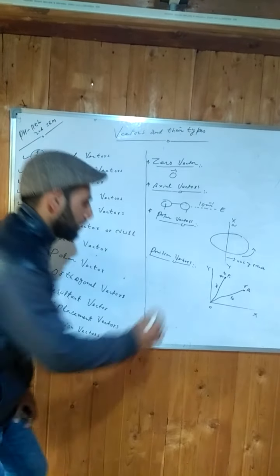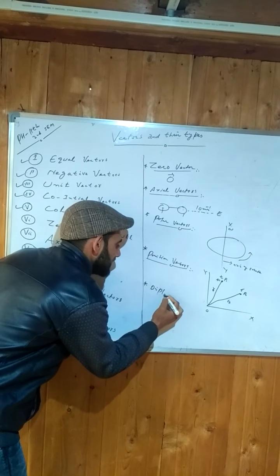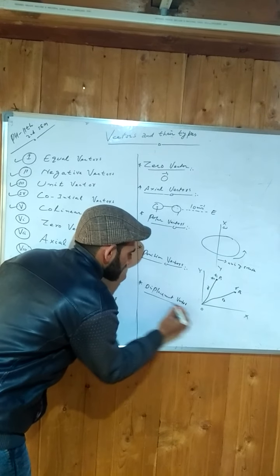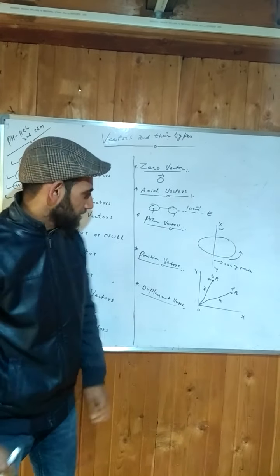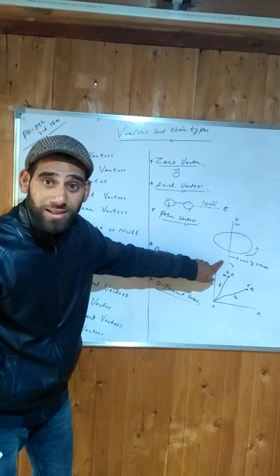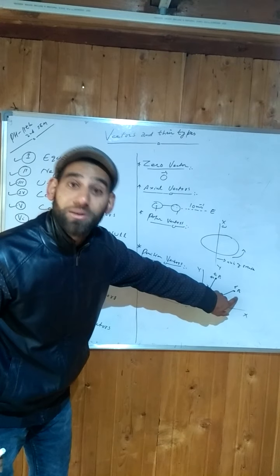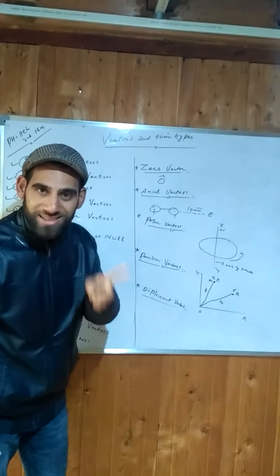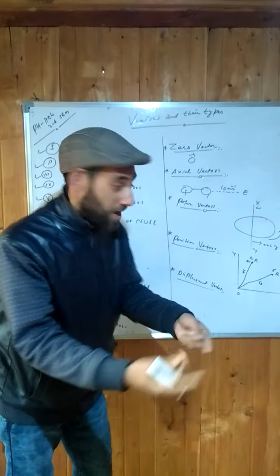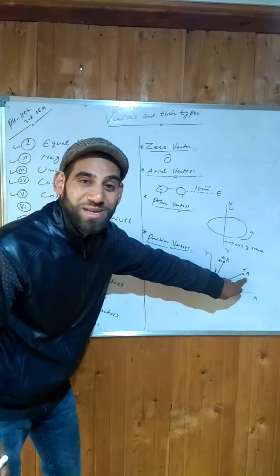Now, what about the displacement vector? A body was moving in the xy plane. At time t, it was at position P1. At time t dash, it was at position P2. A vector which gives us the displacement of a moving particle: how much distance does this body travel while going from P1 to P2?